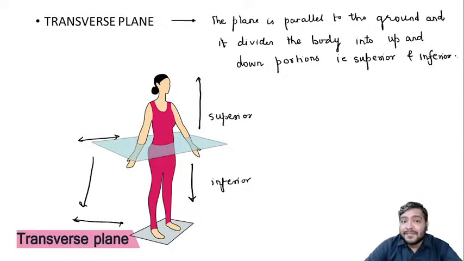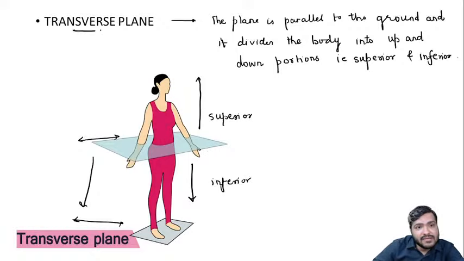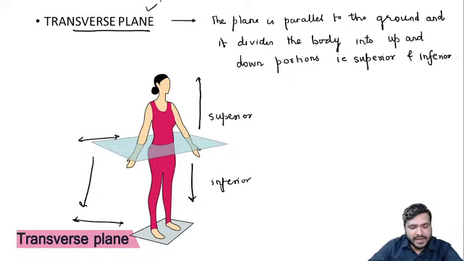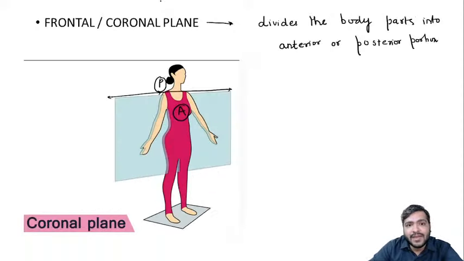So it is a plane which is parallel to the ground, also known as the transverse plane, and it is dividing the body into the superior part of the body and the inferior part of the body. So it is a transverse plane, guys. So all the three planes, I hope it is clear to everyone.